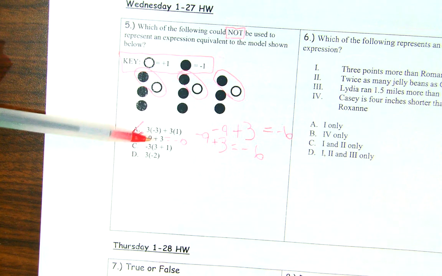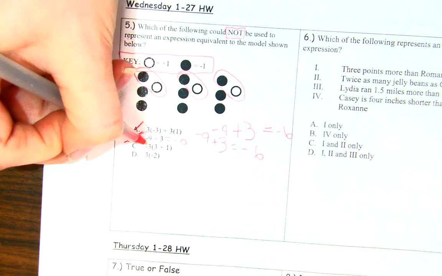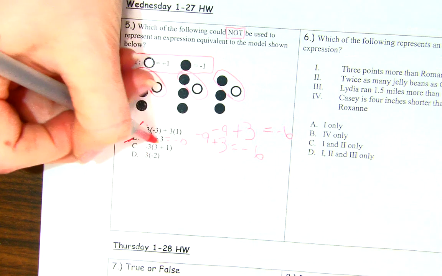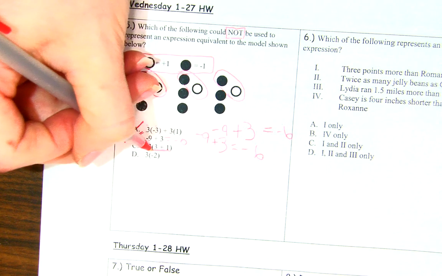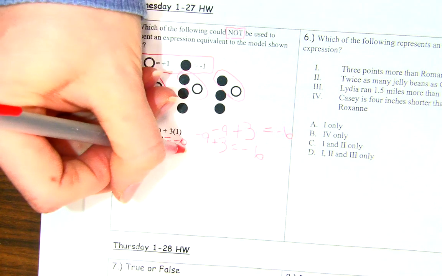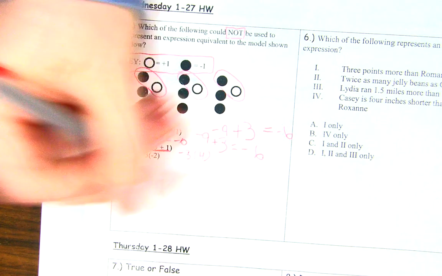C, let's look at C. Here I have -3. Oh, look, here I could use the distributive property, or I could use order of operations and see that if I combine the parentheses, I get a -3 times a positive 4.